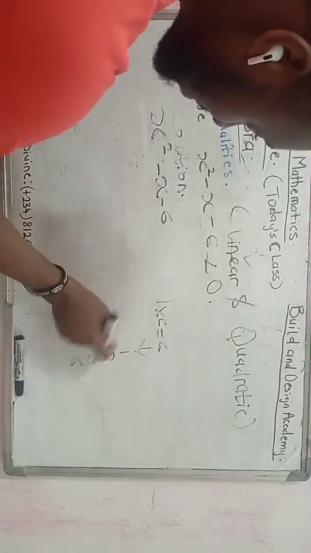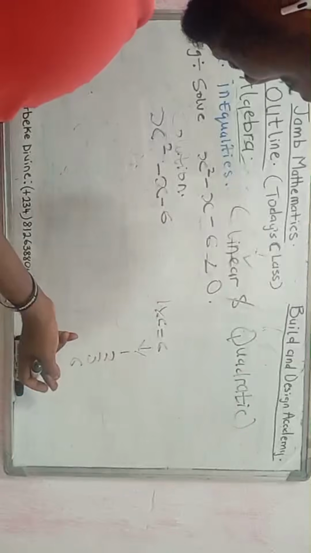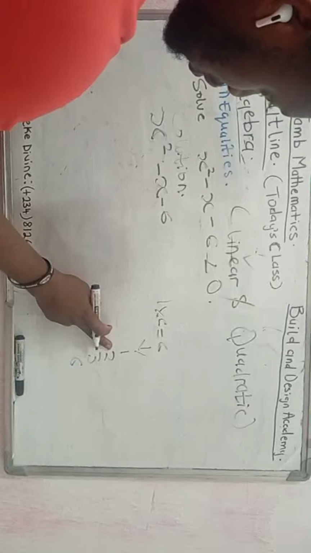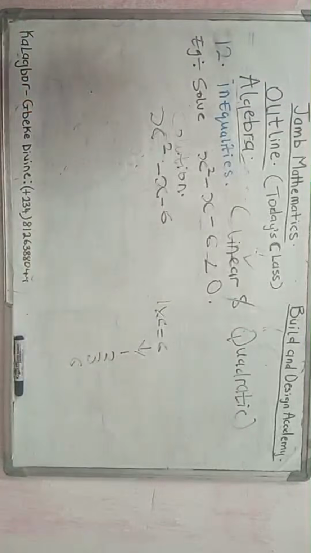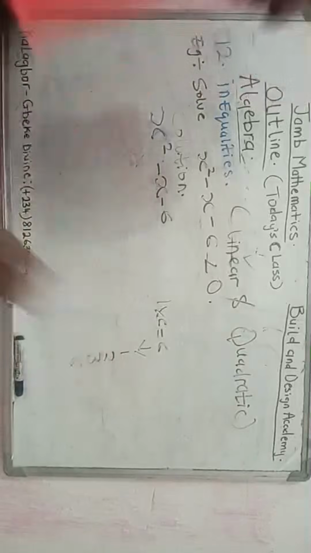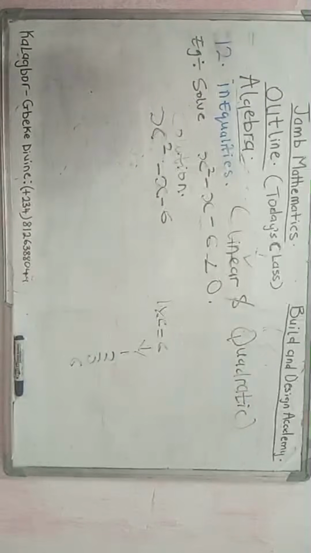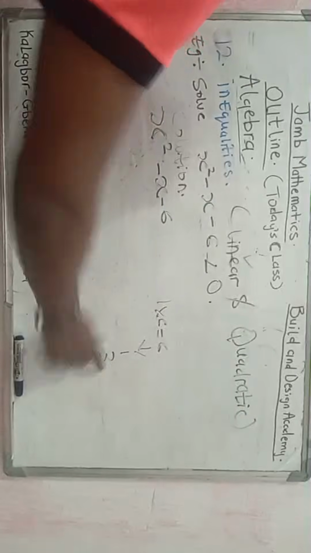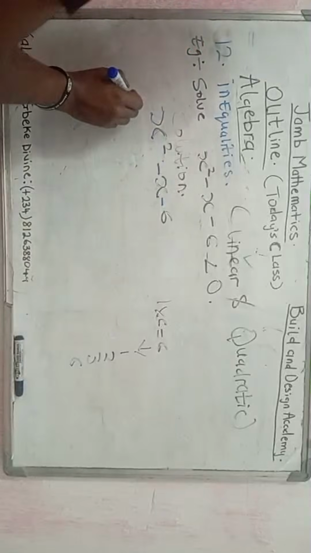If we do minus 1 minus 2, we can't get it. But if we do plus 2 minus 3, I see it. Plus 2 minus 3 will give us minus 1. Then plus 2 times minus 3 will give us minus 6. So our factors will be what?